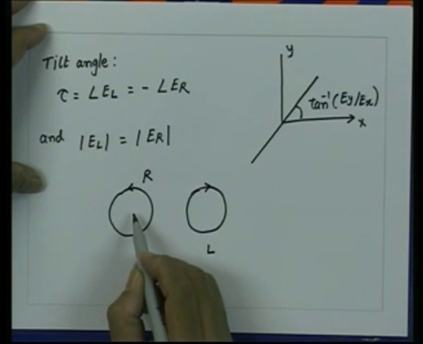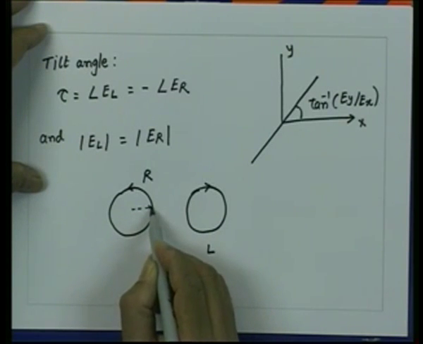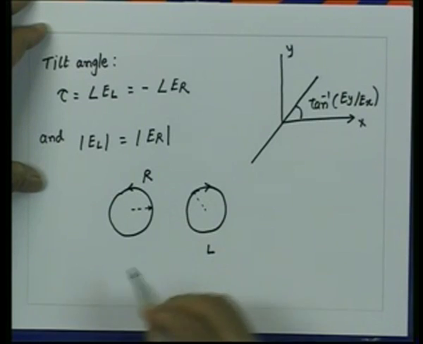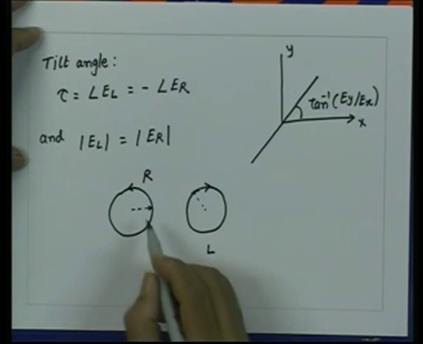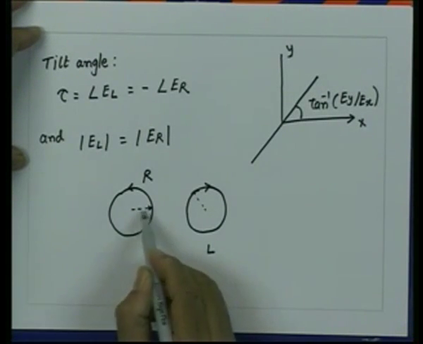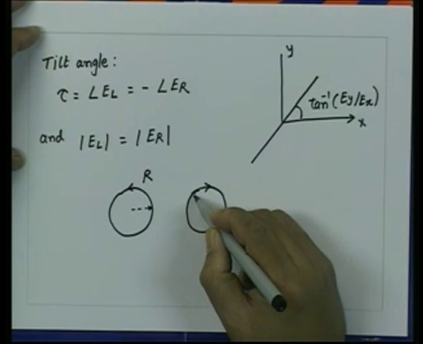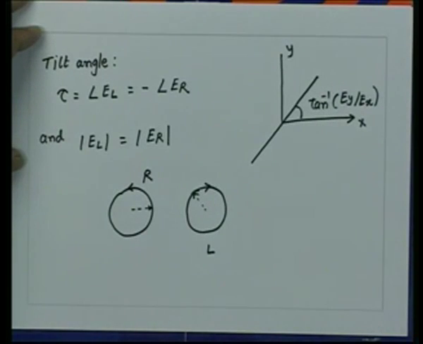and if I consider now a vector at some instant of time which is like this and like that. So, if I consider this as some reference direction, at that instant of time the two vectors were like this.